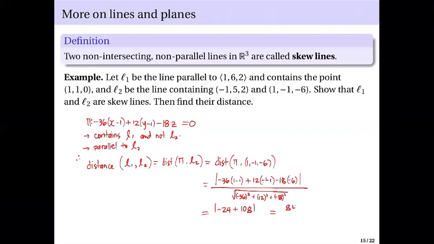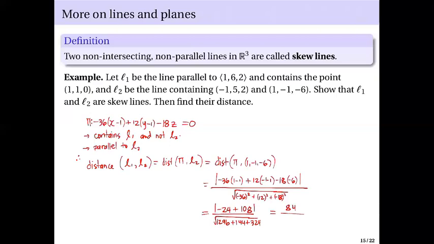For the denominator, we have the square root of 36 squared, 1,296, plus 12 squared, that's 144, plus 18 squared, we have 324.